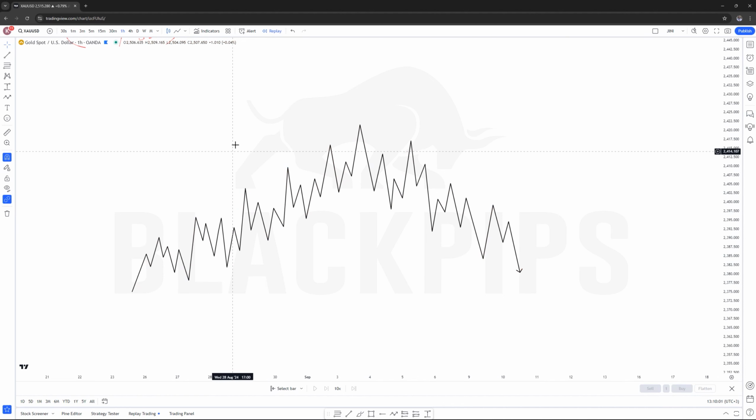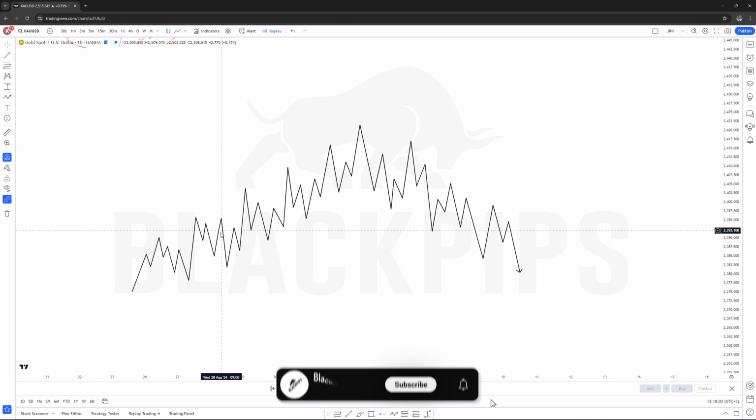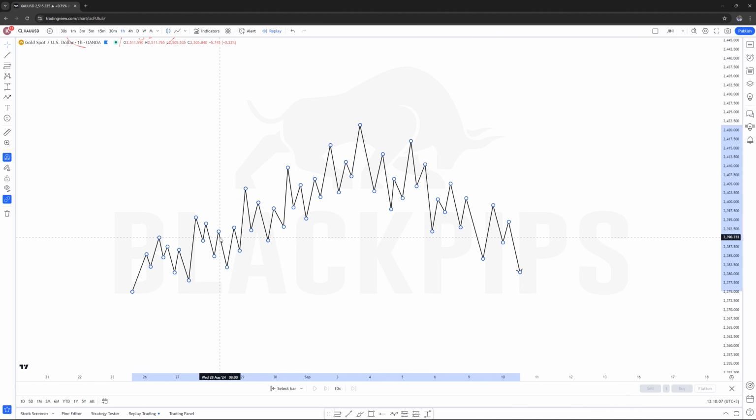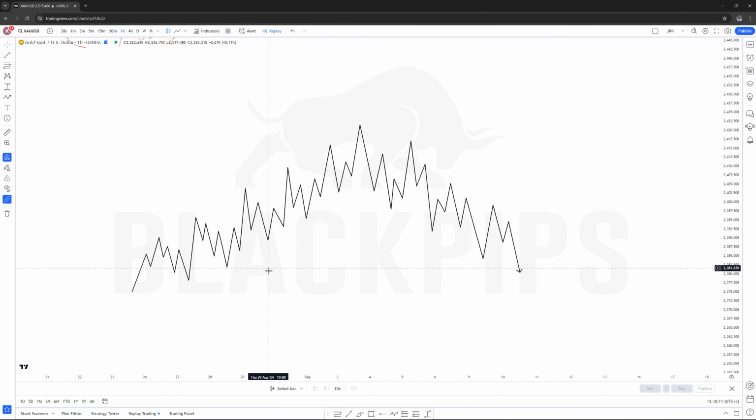So after knowing that this is your market structure, you have to understand which are the major and the minor swing points. For instance, the major swing point that you will also see on the daily time frame is this one.